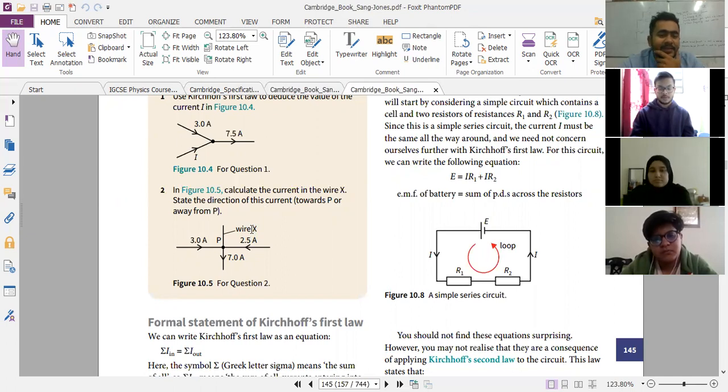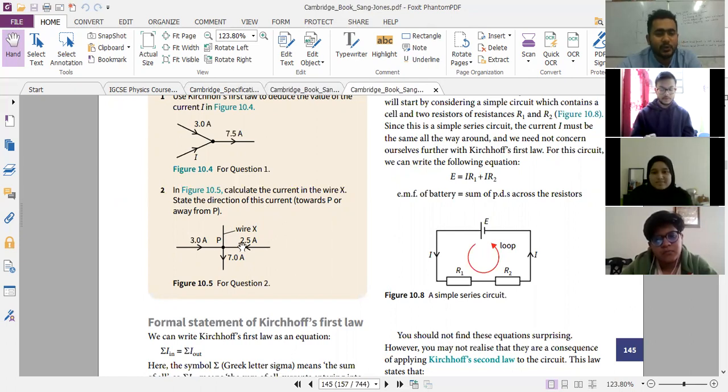To make it balance, to obey Kirchhoff's first law, what should be the amount of current and which way should it go? Will it go towards P or away from P? Nabila. It's 1.5 amperes towards P.